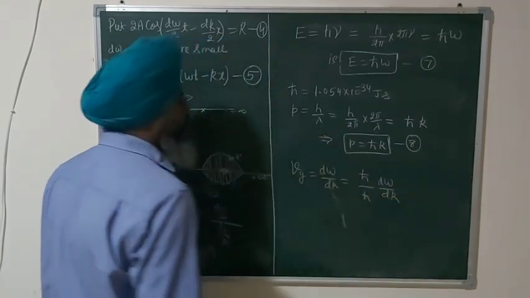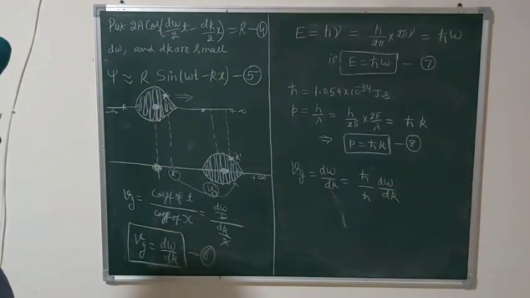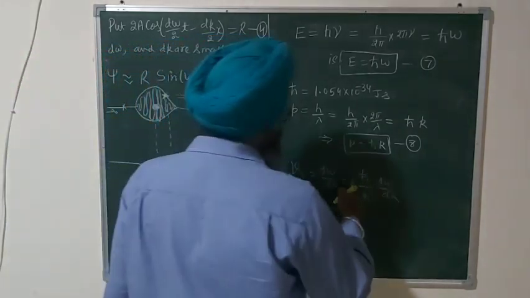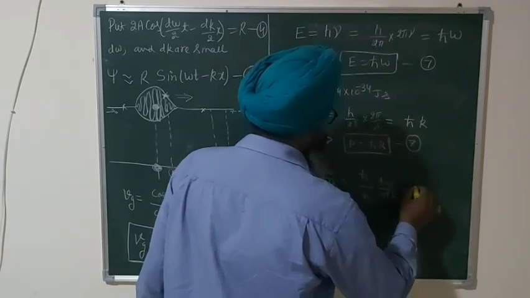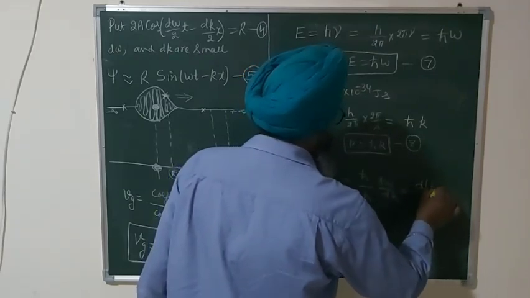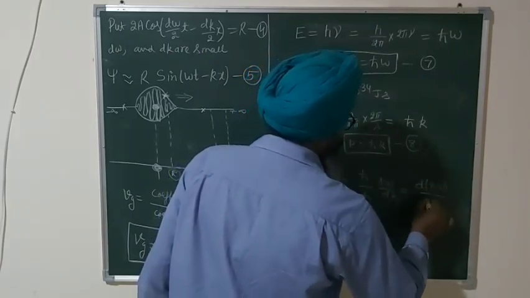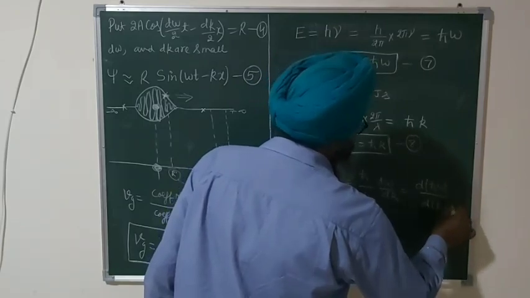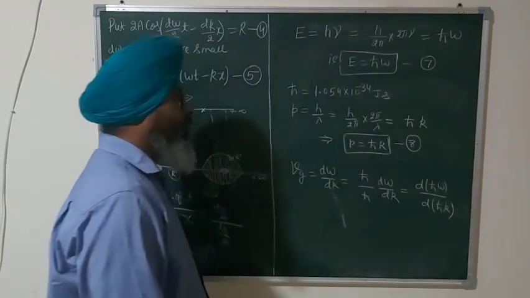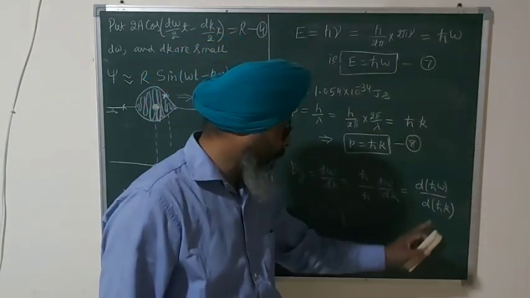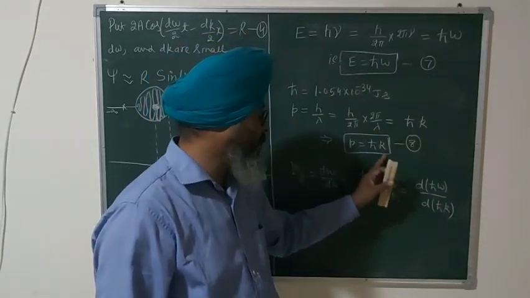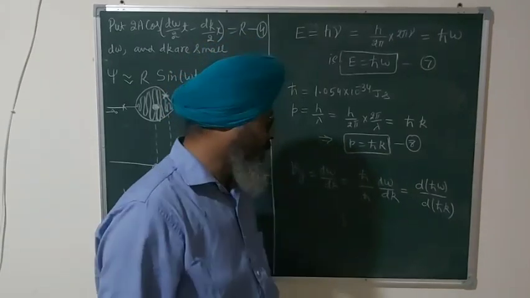Here I have divided and multiplied by h cross on the right hand side. Since h cross is a constant quantity, I can take it inside the differentiation. So it will become d of h cross omega to d of h cross k. By using Einstein-de Broglie relations, h cross omega is nothing but the total energy of the wave packet, and h cross k is nothing but the linear momentum of the wave packet.